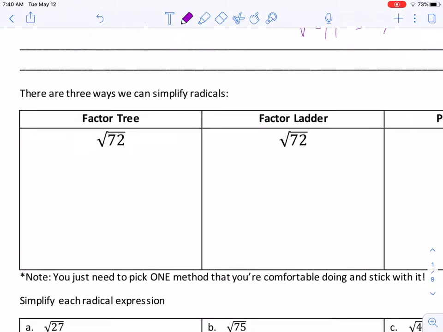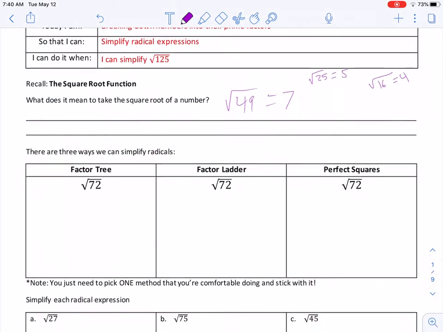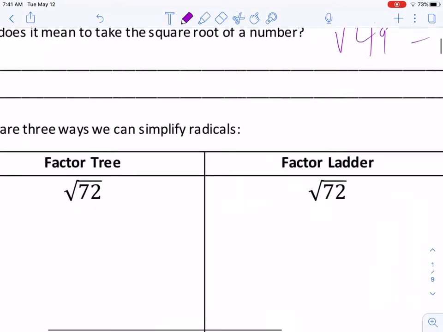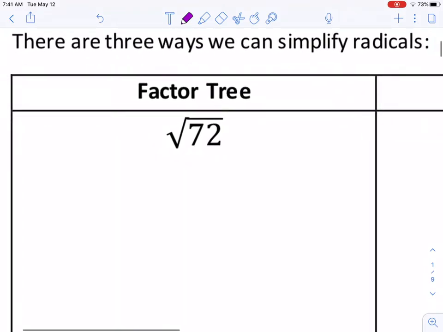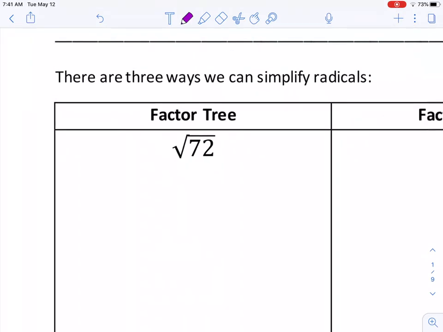Okay. We are going to be simplifying radicals. So the examples that we just looked at, you may be familiar with, the perfect squares. The problem is that we're not always going to be working with perfect squares. So there are 3 different ways we're going to look at to simplify radicals.